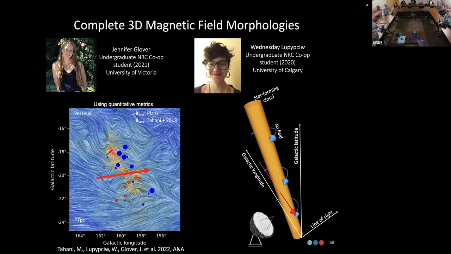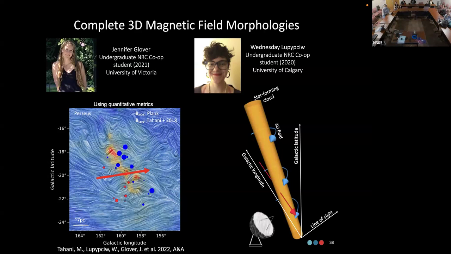And it's actually, for the Perseus region, somewhat simple, because the Perseus cloud itself is somewhat parallel to the plane of sky, and the galactic magnetic field morphology that we modeled is also parallel.